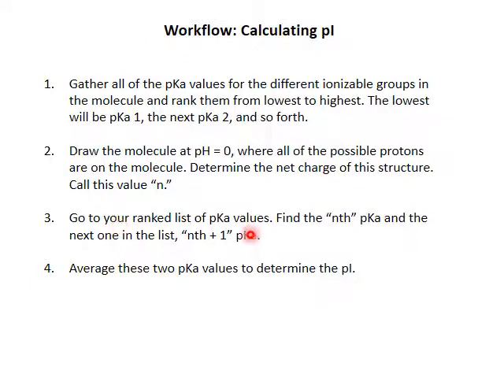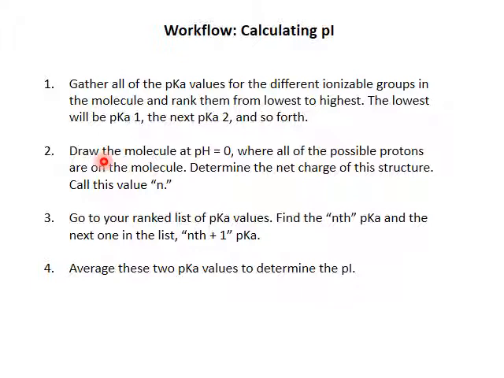Then go through your ranked pKa values, find the Nth pKa, and then the next one in the list, the N+1, and average those two values to get the PI. So this is a very easy workflow to determine PI values of peptides that have quite a number of pKa values. If you only have 2, you just average the 2.